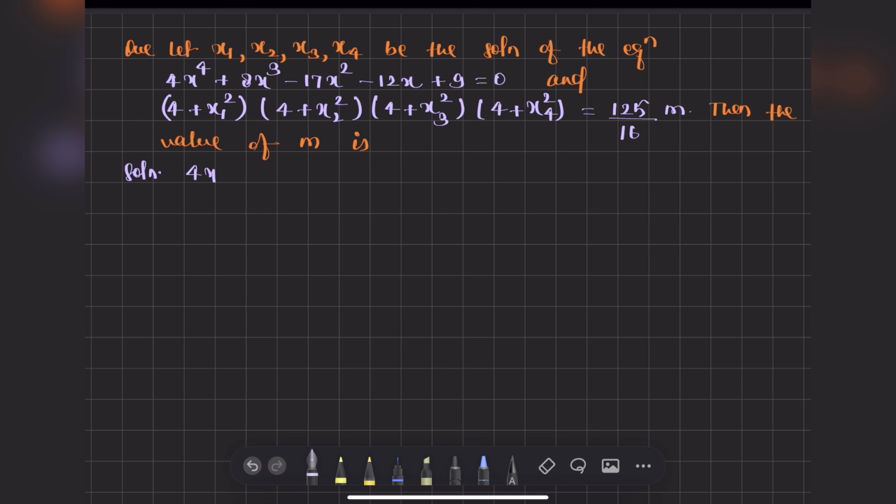So first try to play with this biquadratic. 4x power 4 plus 8x cube minus 17x square minus 12x plus 9 equals 0. We have already solved so many biquadratic equations where we used to divide both sides by x square or y square.